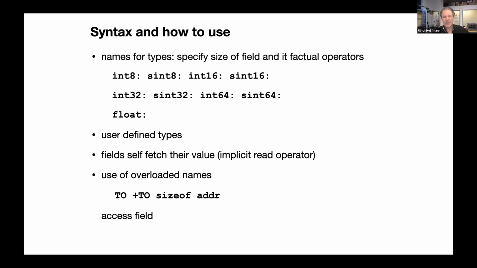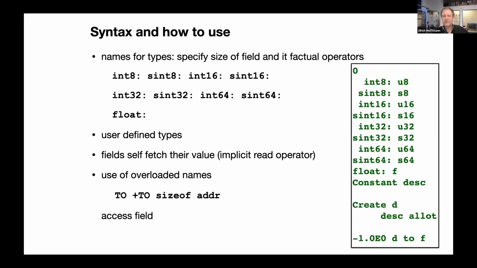Sometimes you also want to suppress the fetching, and you just want to do the address calculation. Then you can use the addr operator, the address operator. And sometimes you want to know how large the field actually is, then you can use the size-of operator. So that's the idea.